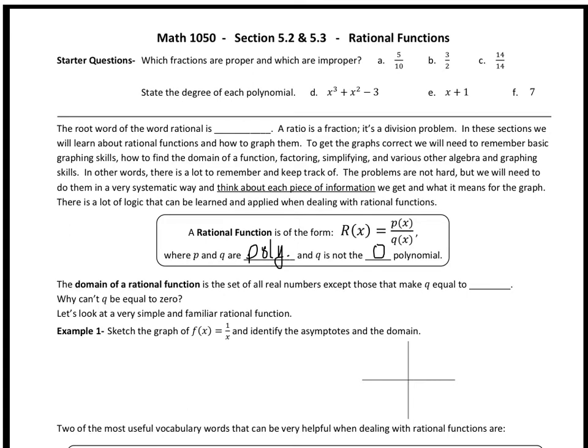So the domain of a rational function is all real numbers except those that make the denominator 0, or make q, in this case, equal to 0. Why can't q be equal to 0? Because dividing by 0 is undefined.